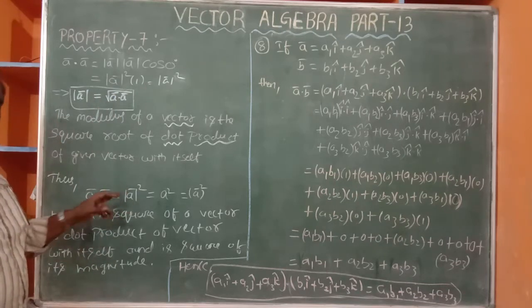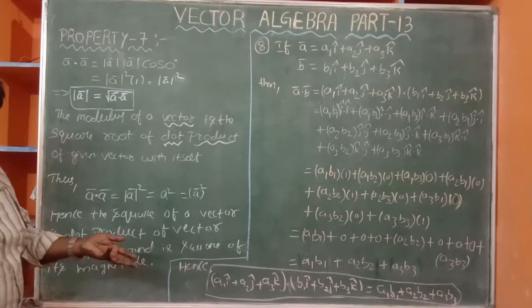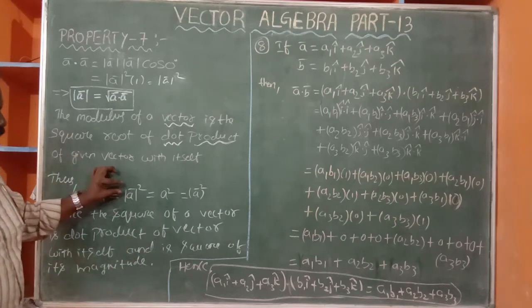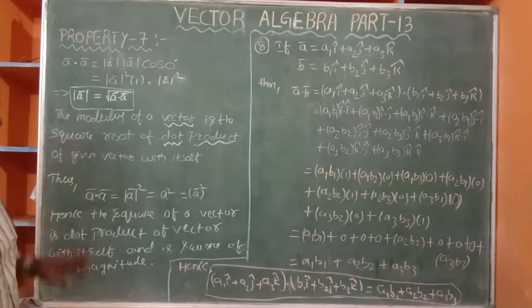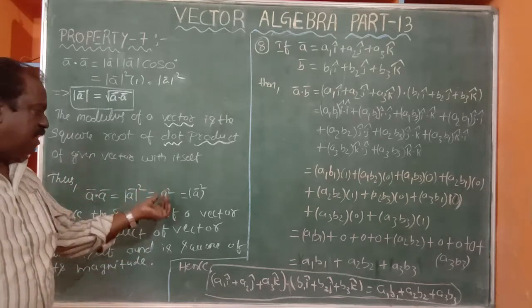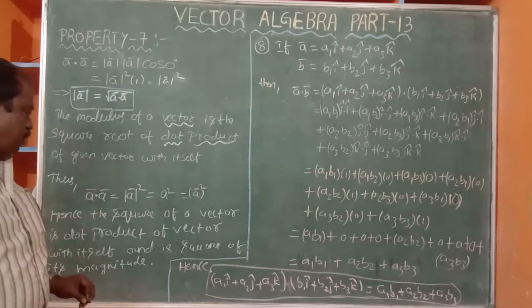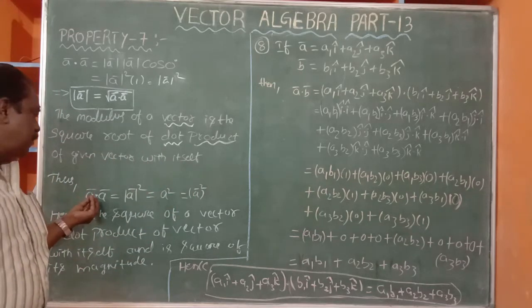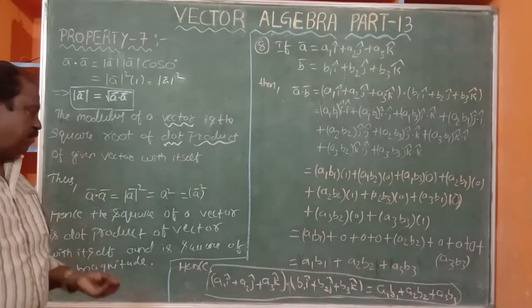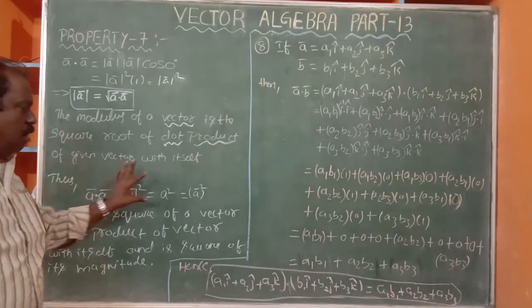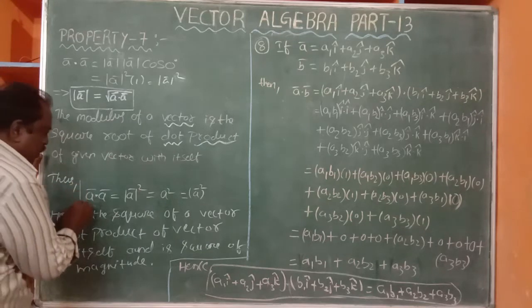Modulus of A bar is nothing but A, small a. So we may write A squared, that is nothing but A bar squared. Modulus of A bar squared, simply A squared, or A bar dot A bar, all are the same. Try to understand it.